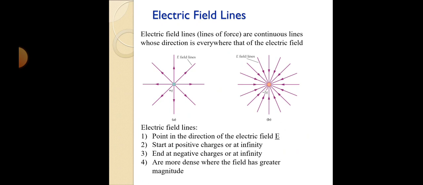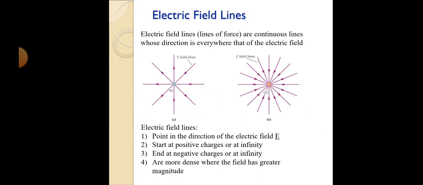Now we will discuss electric field lines. What are electric field lines? It is nothing but a continuous line whose direction is everywhere the direction that the electric field has. So if we take plus Q charge, then outward, and if we take minus Q charge, it's inwards, and if the number of electric field lines is more, then we can say the electric field is more.